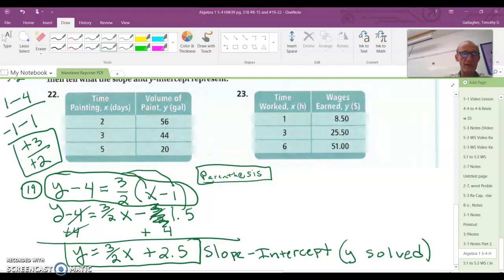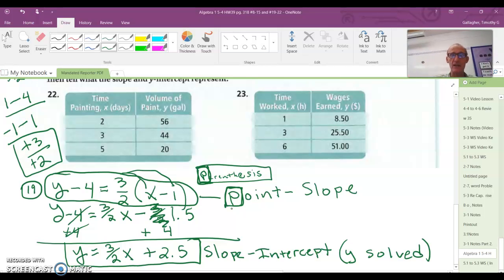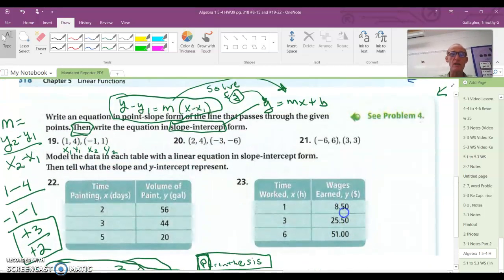If it has parentheses in it, then that's point slope. That's how I remember, because P is the first letter in parentheses and the first letter in point slope. All right, that's 19. And then the next problem is going to be 21.